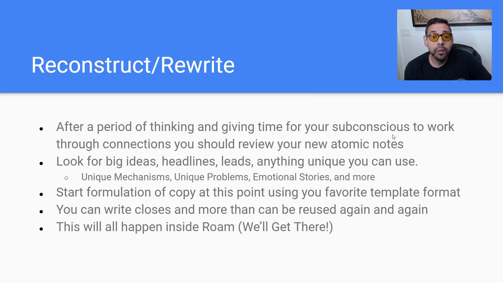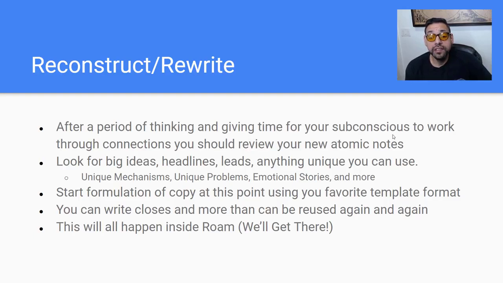This is what you want to be able to do. You've got all this great research. It's tagged properly, not just for your current use, but for your future use. And at this point, you actually start to write your copy. This is it. This is where the rubber meets the road. You're going to use maybe one of your favorite templates or something you've done before, and you start to fill out the copy. This is the copywriting portion of the copywriting process.